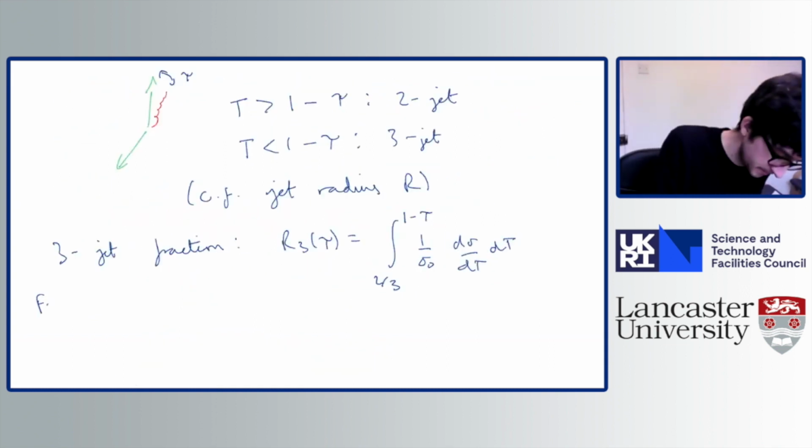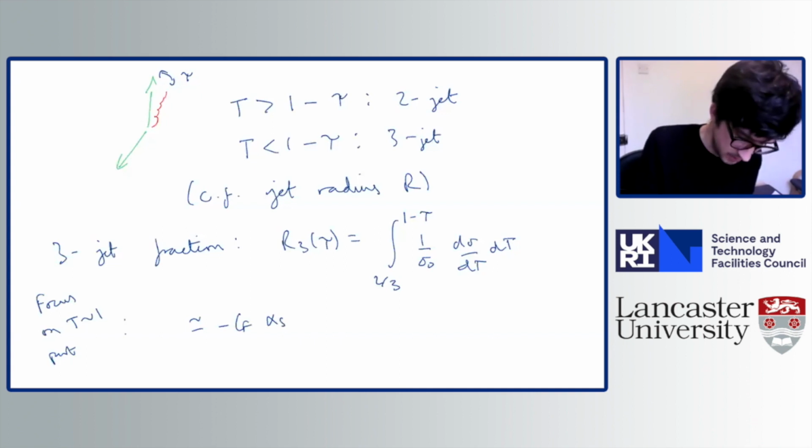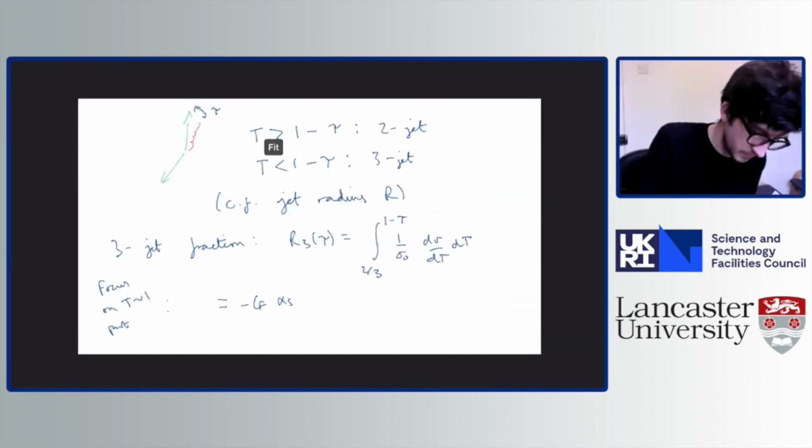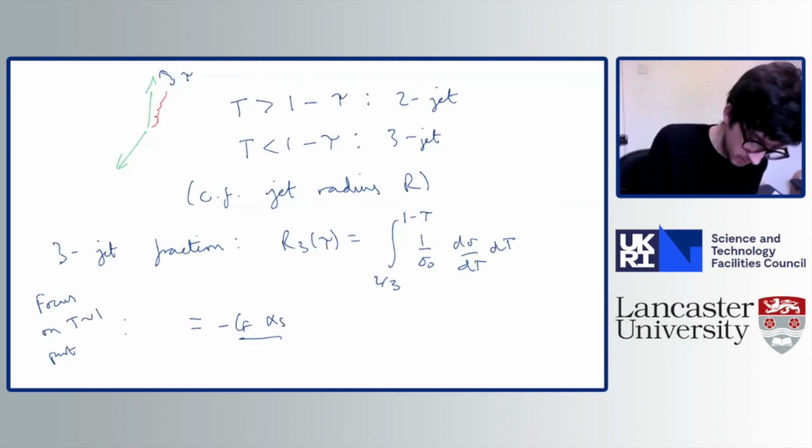So let's focus on the T goes to one part. This then equals, in that region, if we focus on the thrust goes to one limit, minus C_F alpha_s over 2 pi.